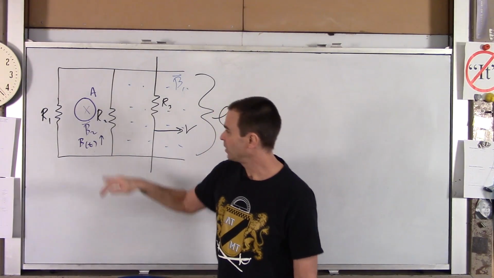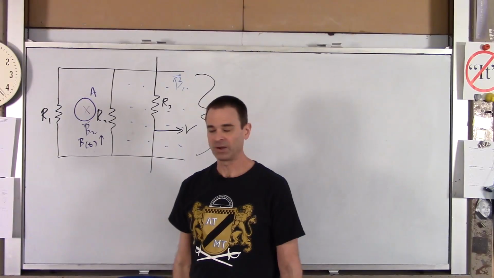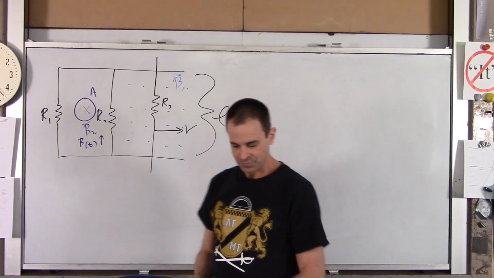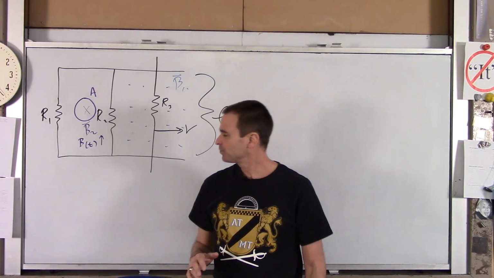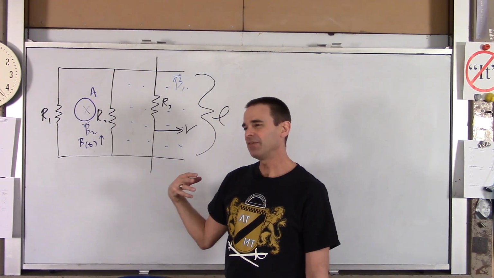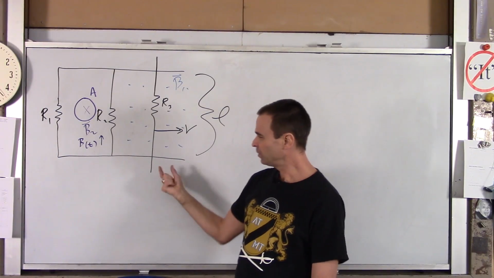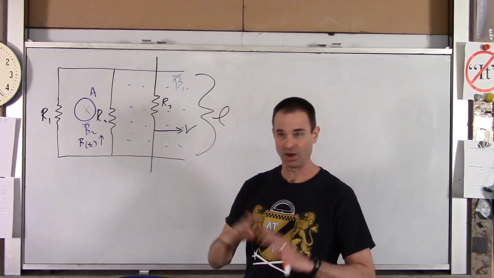In addition, because there's a changing magnetic flux over here, you're going to get a voltage generated over there. How I suggest you do this is to calculate those two voltages and then pretend there are two little batteries in the circuit, because that makes it a lot more manageable in solving for the currents.